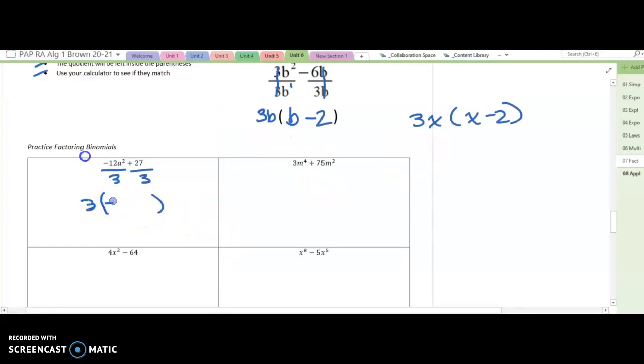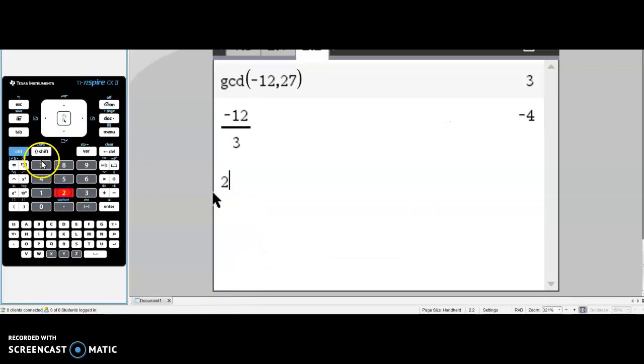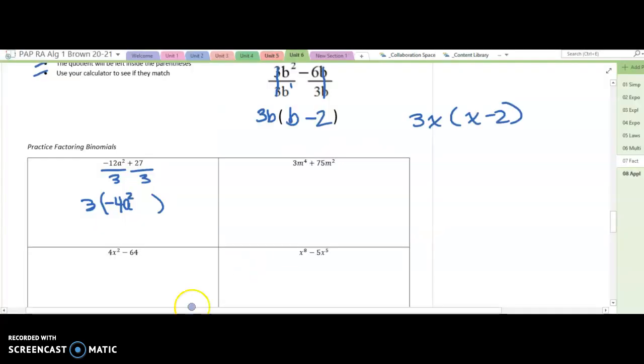So this would be a negative 4a squared. And this is 27 divided by 3. So 27 divided by 3 is a 9. So that's plus 9. Okay? And that's our answer. That's just that easy. Okay?